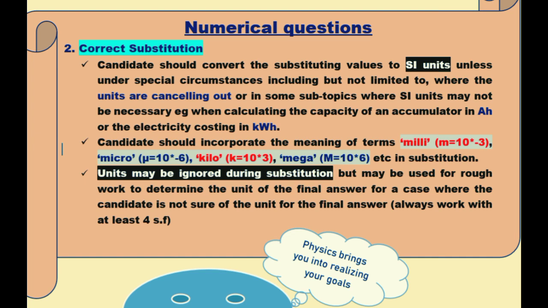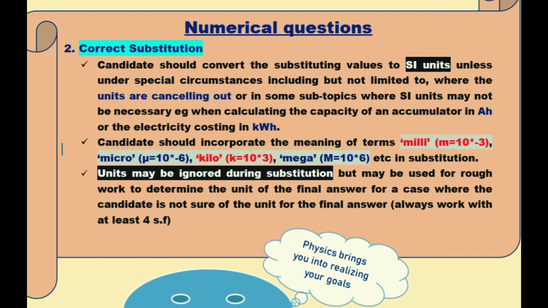You realize shilling is a unit for the money currency you are using, but k is a number, meaning 10,000. 10k shilling, 10,000 shilling. The other one, kilo, represents 1,000. Then units may be ignored during substitution. That means you can just substitute the values directly.